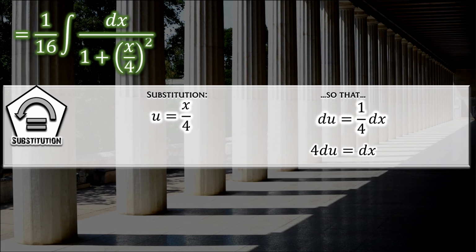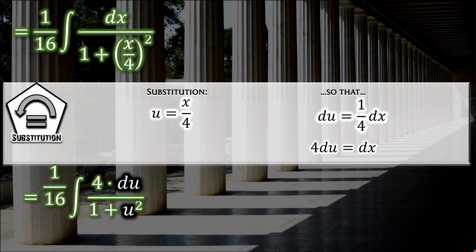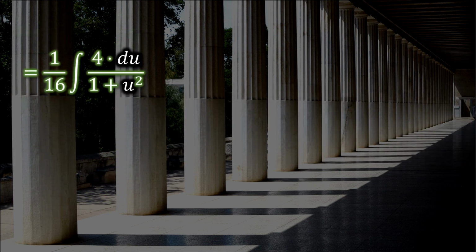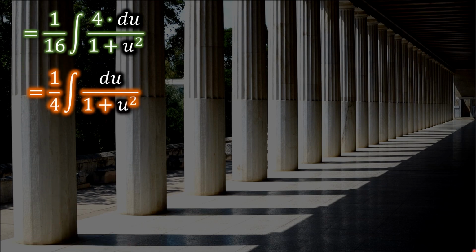That means that now I can swap out that dx for 4 du, and I can pull that 4 right out of the integral like before. And when I'm done, I'll have an expression that's entirely just in terms of u. I'll pull that 4 out. That's going to be 4 over 16 is 1/4. And now I've got du over 1 plus u squared, or in other words, 1 over 1 plus u squared times du.